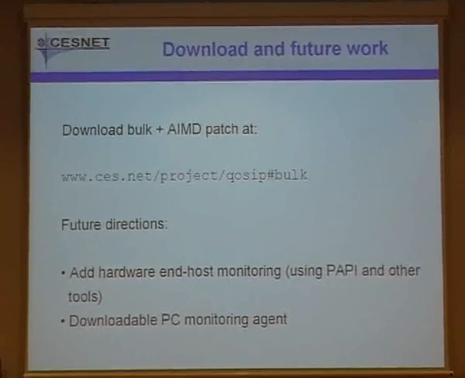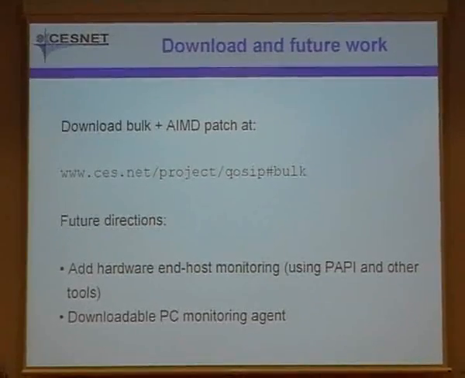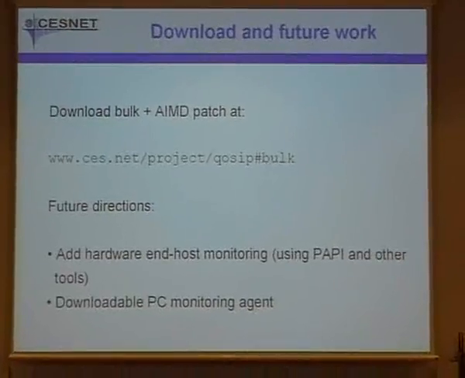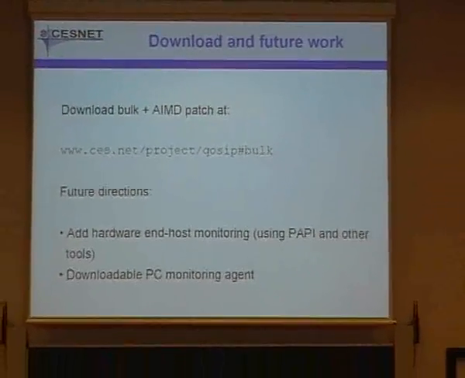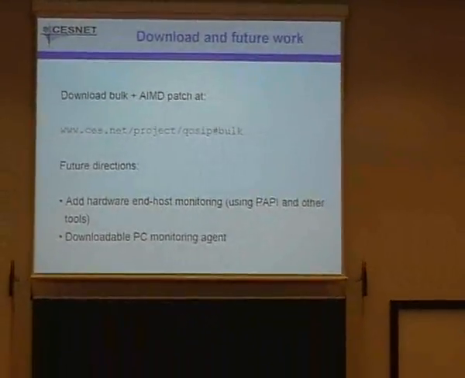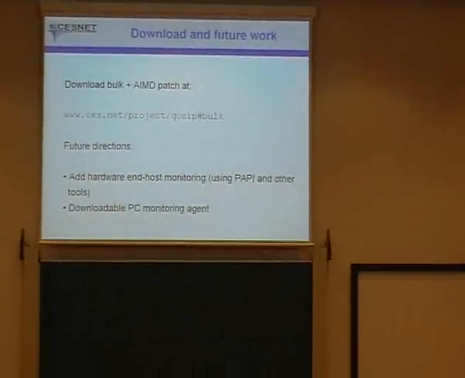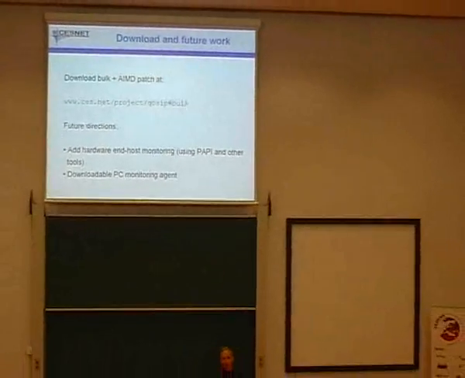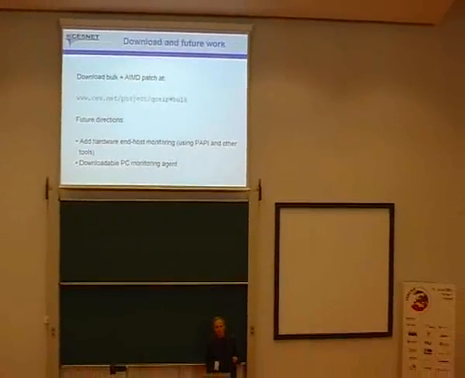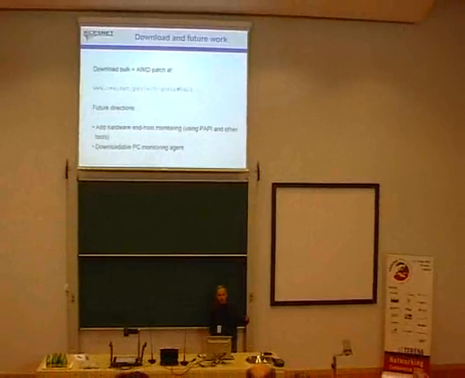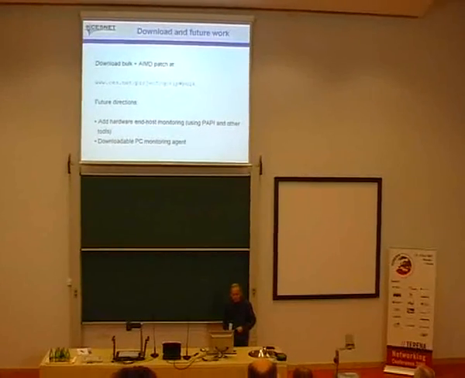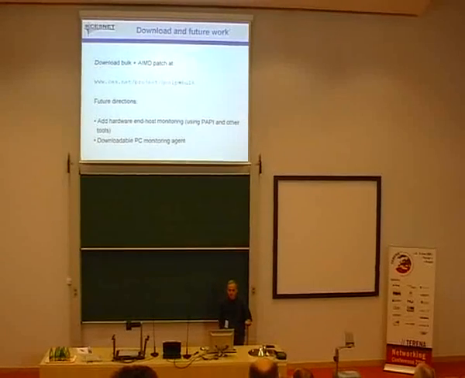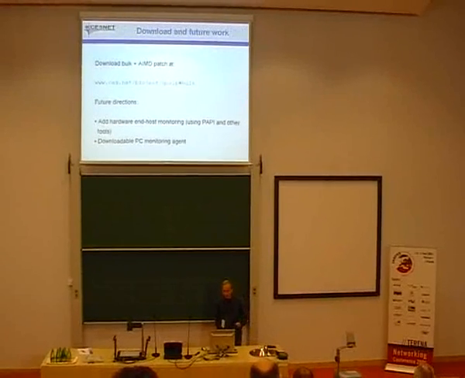And final slide, you can download the bulk and AIMD patch at this address. And some future directions which we see: we want to add monitoring of hardware resources, CPU, memory, bus in the end host PC, either using the performance API or other tools.